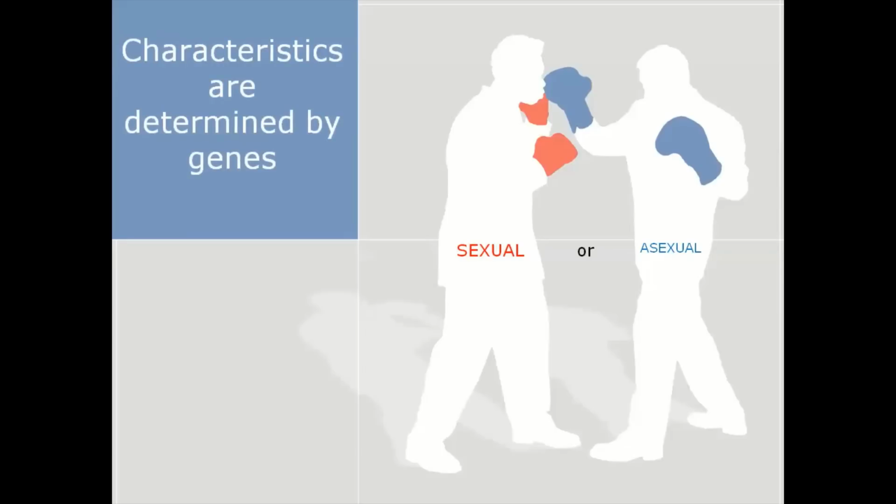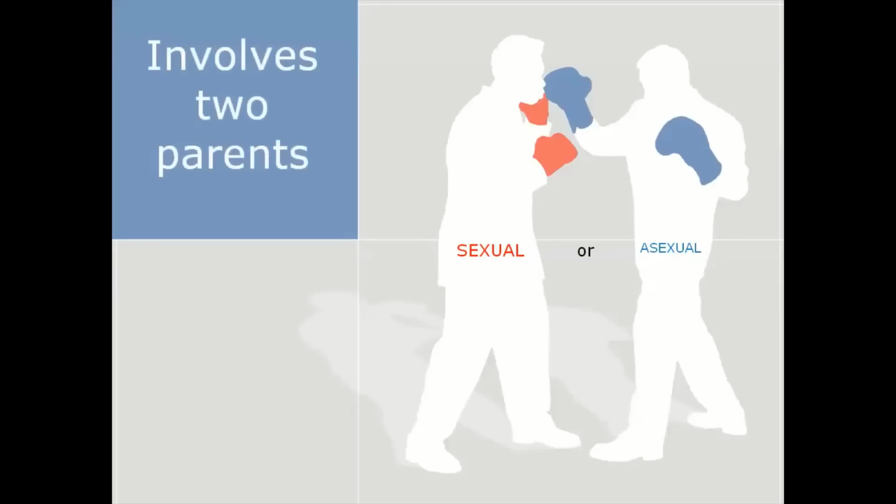Characteristics are determined by genes. The answer is both sexual and asexual. Involves two parents. You should be able to get this. Sexual, okay.